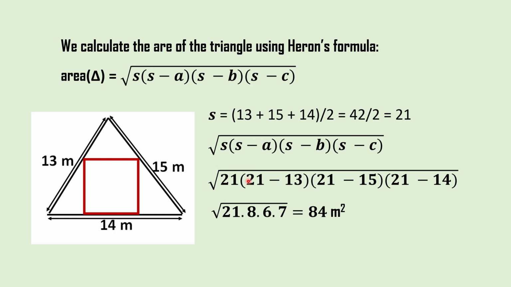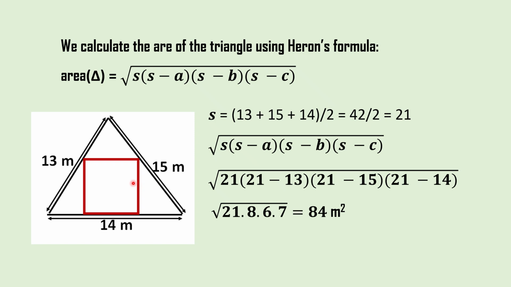So square root of 21 into (21 minus 13), (21 minus 15), (21 minus 14) gives you 84. So 84 is the area of the triangle as calculated using Heron's formula.